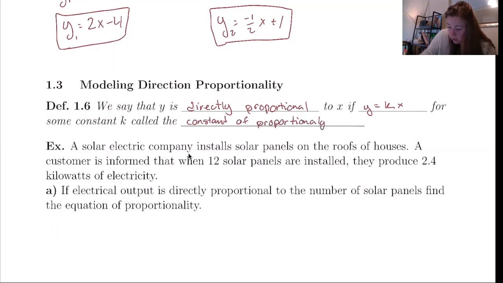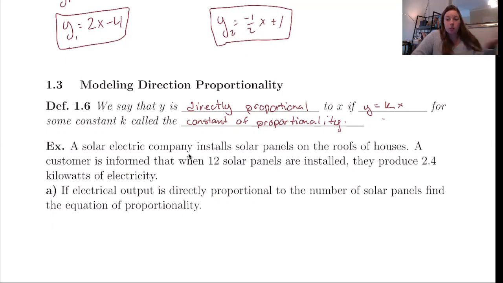So basically what's happening is I just don't have a y-intercept. That's it. Oh, I do. It's 0. So now my y-intercept is 0.